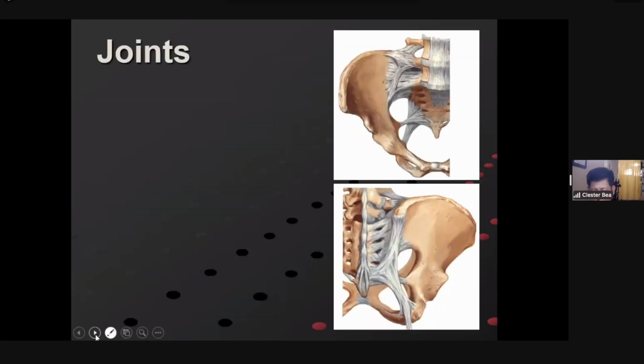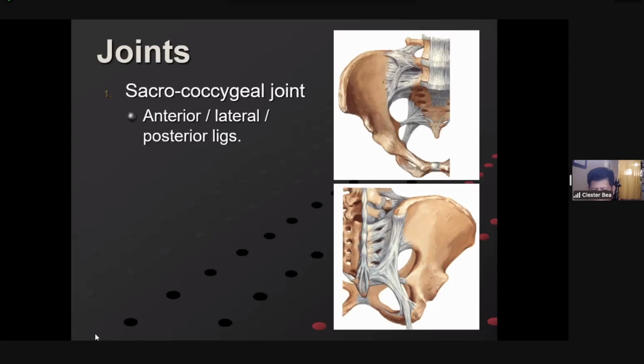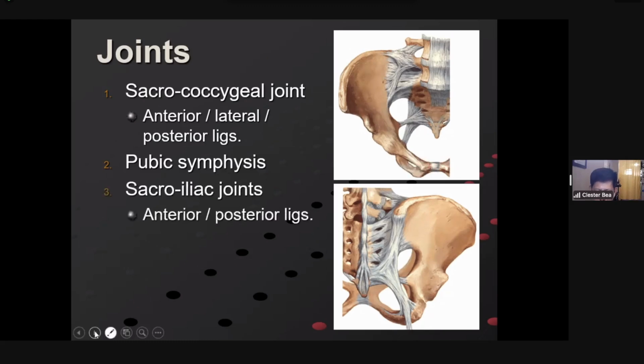What about joints? When bones come together or articulate, they form joints. So you have the joint between the sacrum and the coccyx, the sacrococcygeal joint. You have the symphysis pubis, which is the articulation of the pubic bone here in the midline. You have your sacroiliac joint between sacrum and iliac bone.